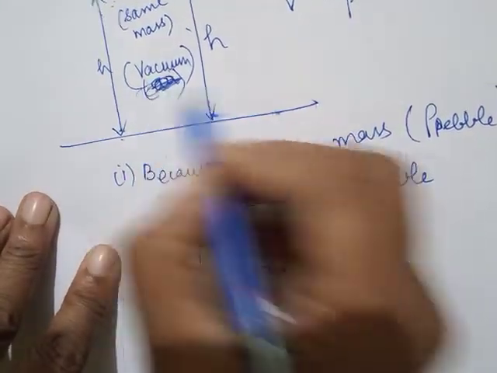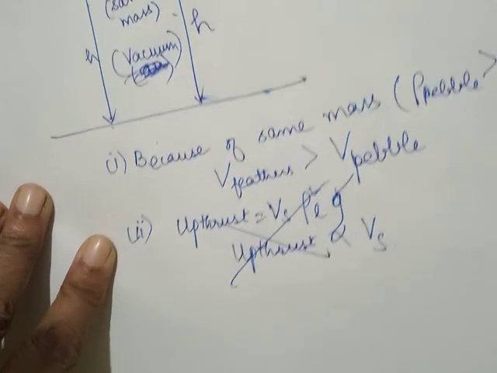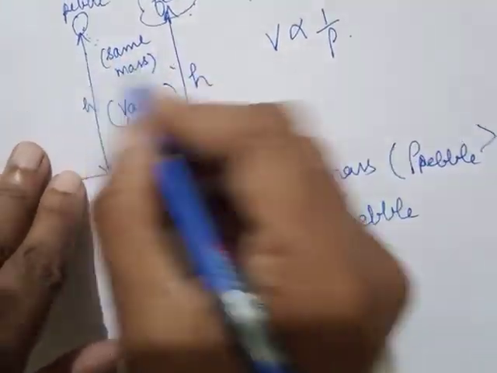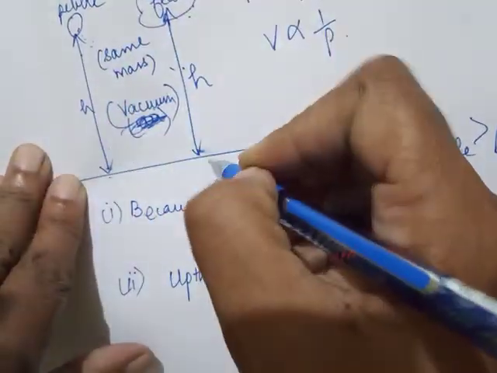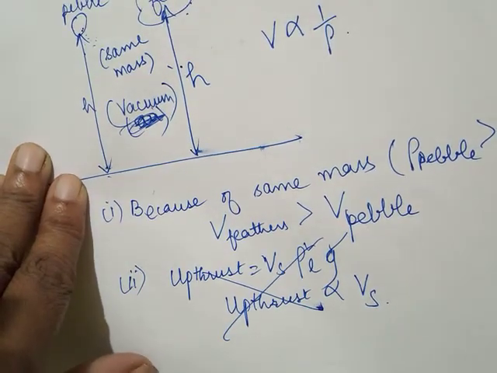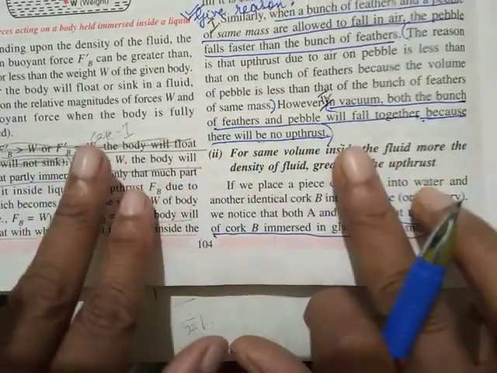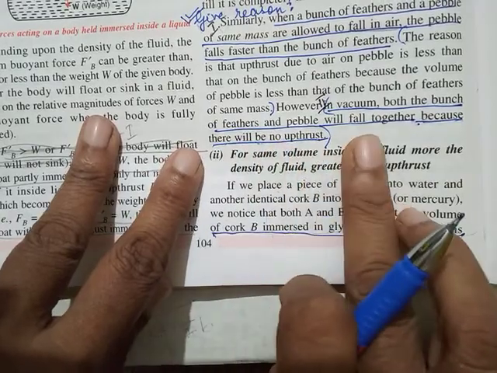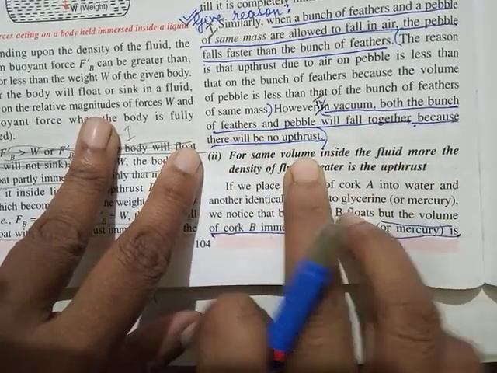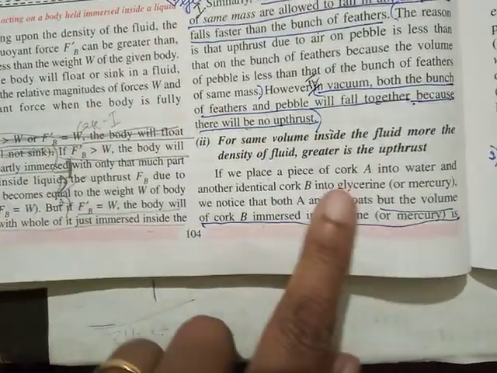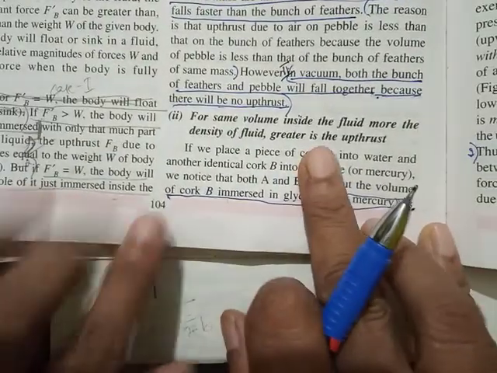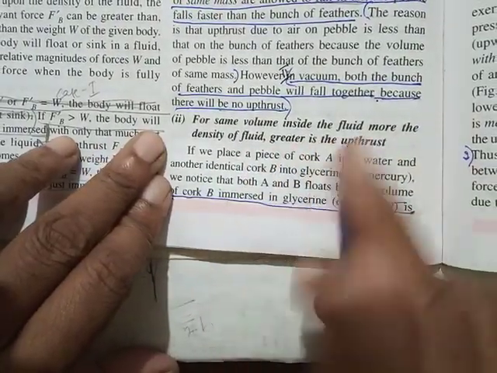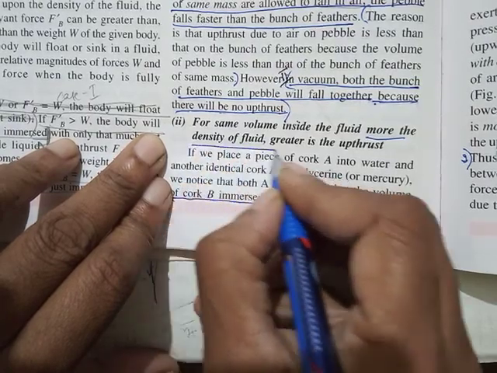Because there is no air and there is no upthrust at all. Because they both have the same mass, the weight will be the same and both will come down at the same time. So in vacuum, both the bunch of feathers and the pebble will fall together because there is no upthrust.